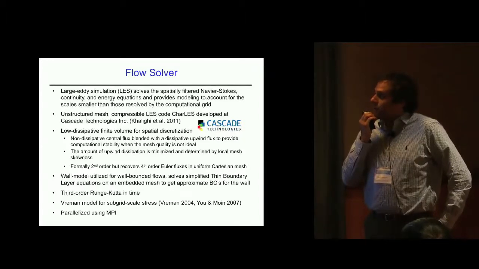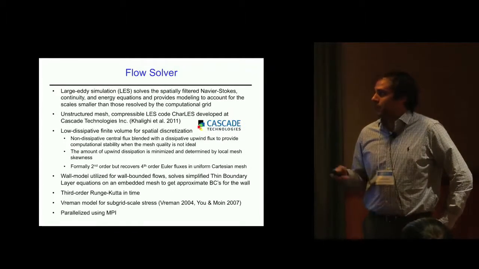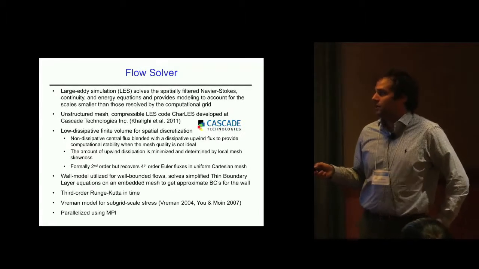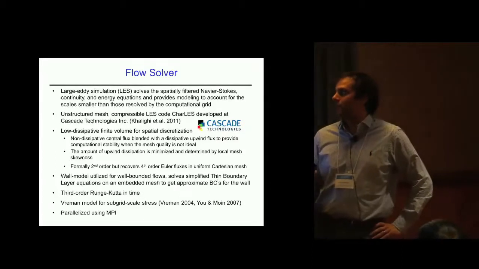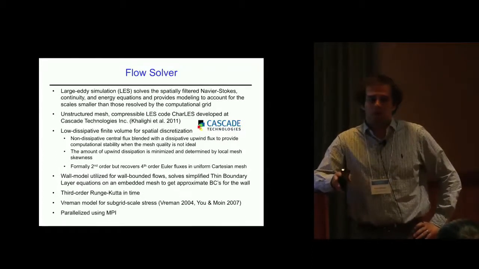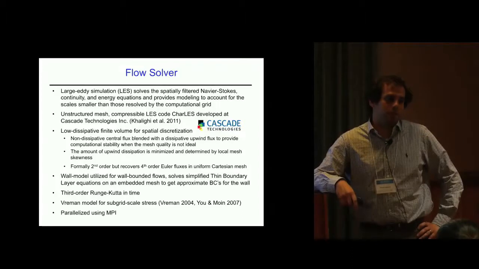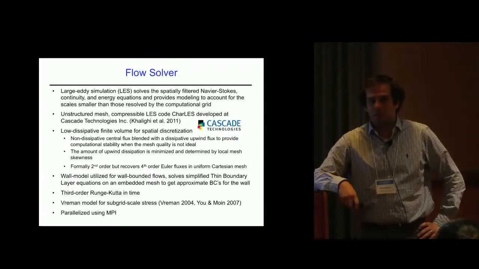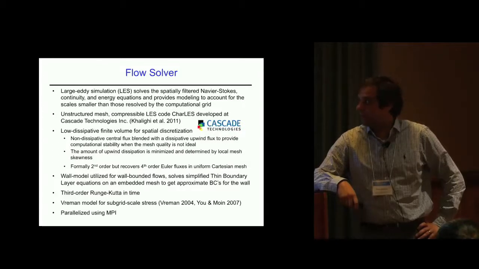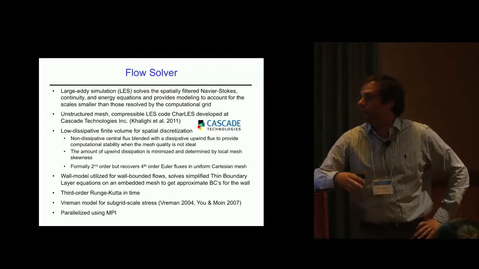It uses a kind of interesting spatial numerical scheme, so it's finite volume, and it uses primarily central flux, but it also uses a dissipative upwind flux in areas where the grid resolution or the skewness of the grid isn't really conducive to having stable numerics.